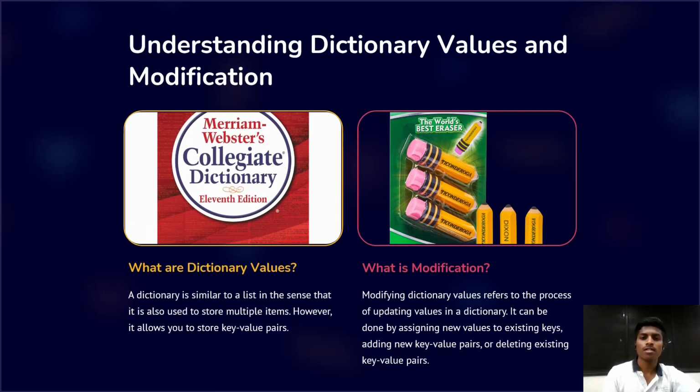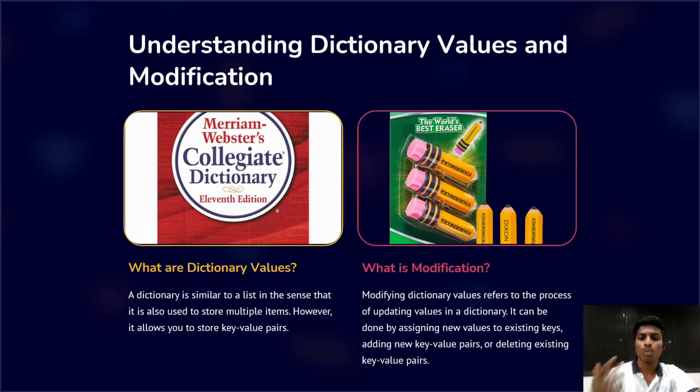The list is in square brackets and the dictionary is in curly brackets, where we have a key and a value pair. Dictionaries are mainly organized data in key and value format, where the key can be used to get the value.